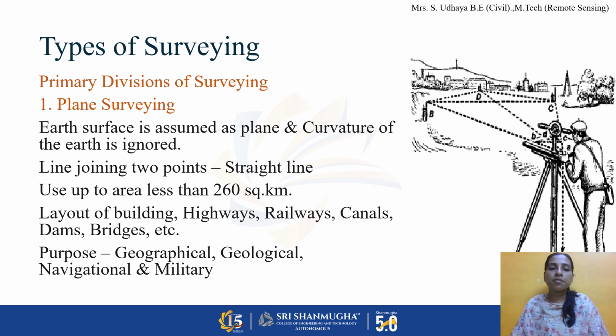Plane surveying is used for small projects like preparing a layout of a building, or projects like highway, railway, canal, dam and bridge construction, and for various purposes like geographical work, geological work, etc. So in plane surveying, the earth surface is assumed as a plane object, the distance between any two points is considered a straight line, and the area to be surveyed is less than 260 square kilometers.